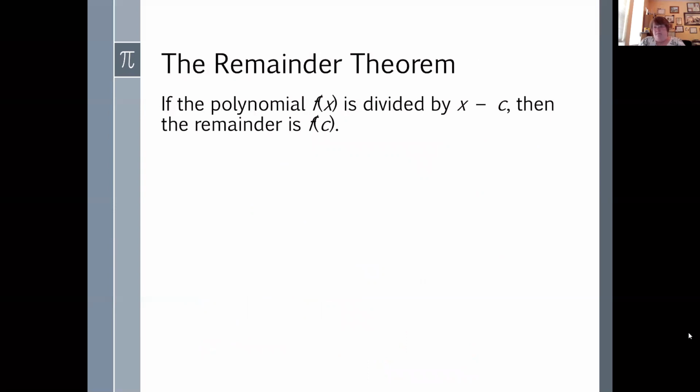The remainder theorem. If the polynomial f of x is divided by the linear polynomial function x minus c, the first degree polynomial function x minus c, then the remainder you get when you do that division is actually the function evaluated at c.